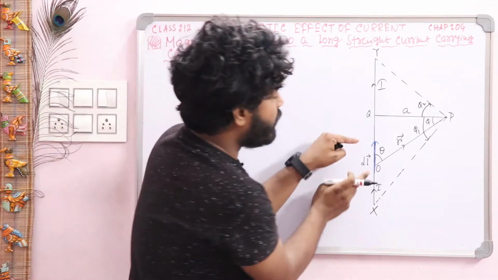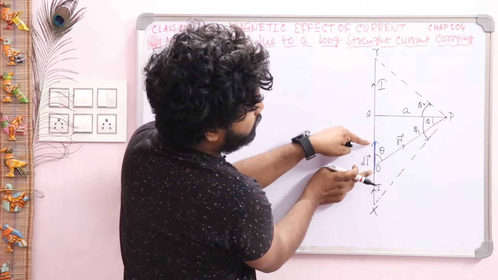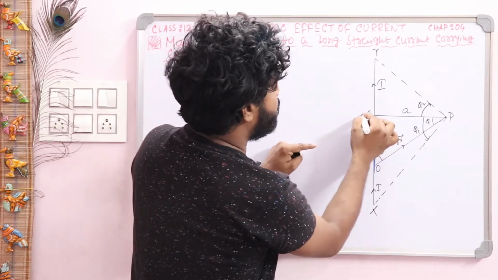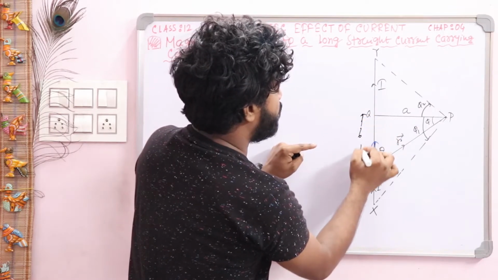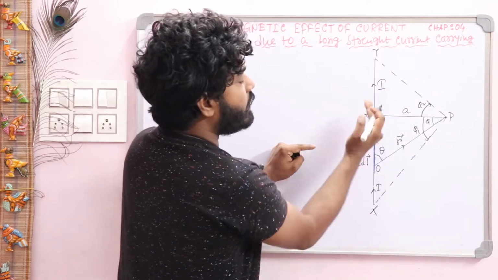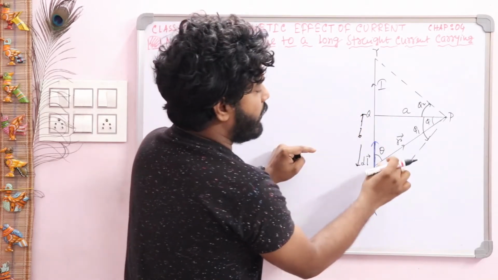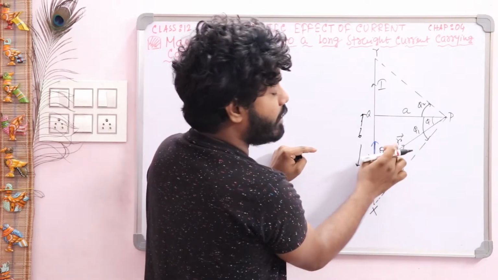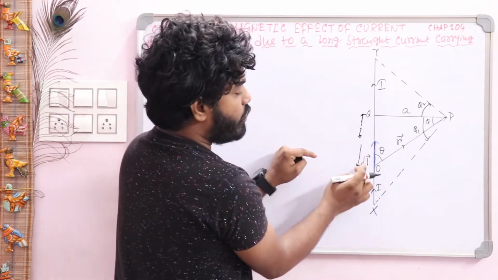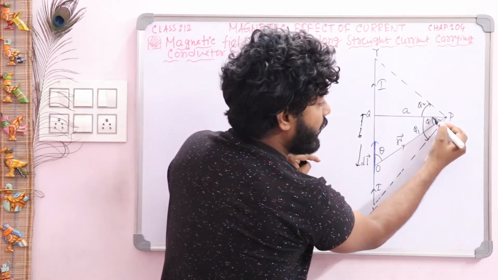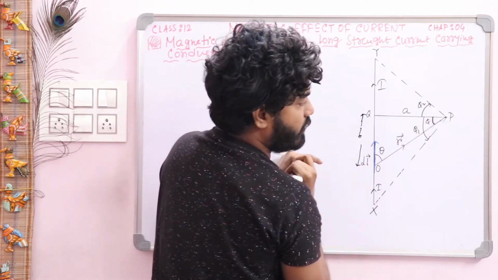So here I am considering the small current element dL, and suppose this point is L, O to Q. This is the direction of dL along the direction of current, and this is the position vector. O to P represents the position vector, which is named R, and the angle between dL and R is named theta.